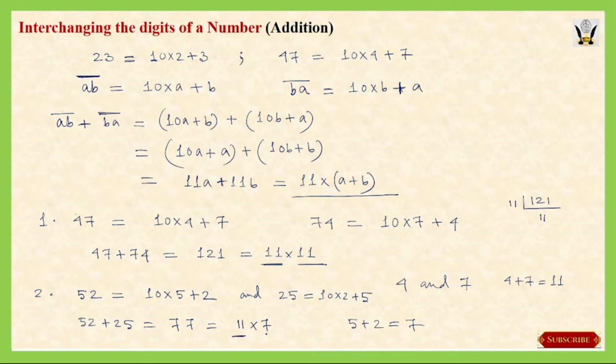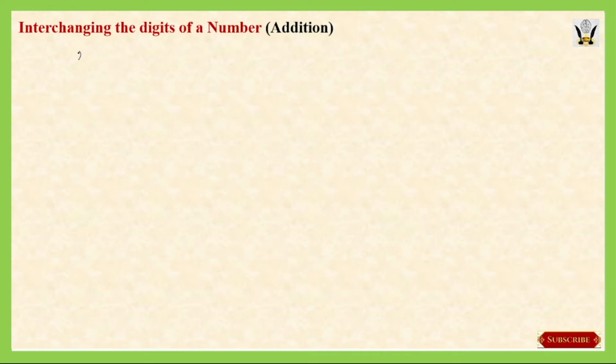Now if we think this way, that we have a number 63 and we want to know, if we add 63 with 36, what could be the result of addition, and we want to know this result without performing the real addition.